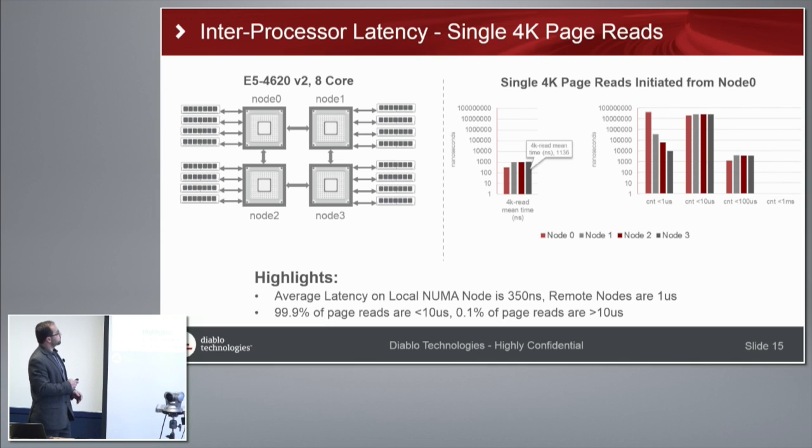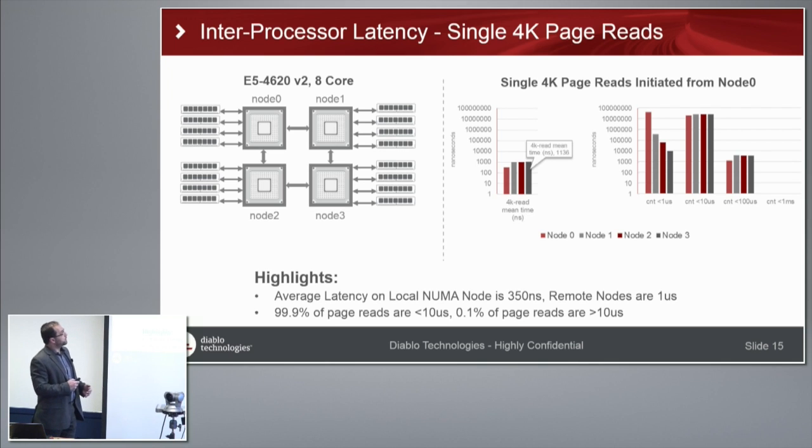So what we did is a very similar exercise. We pinned the process on node 0, and then we made it access data from node 1, node 2, and node 3. We measured the average latency, and we created a histogram of all the accesses we saw.